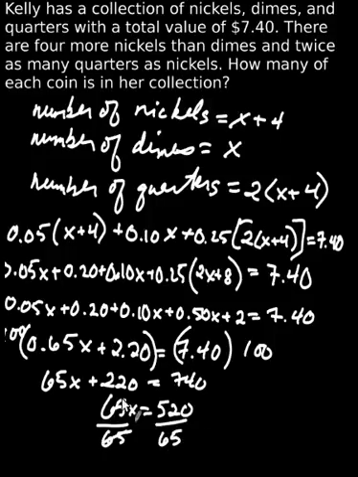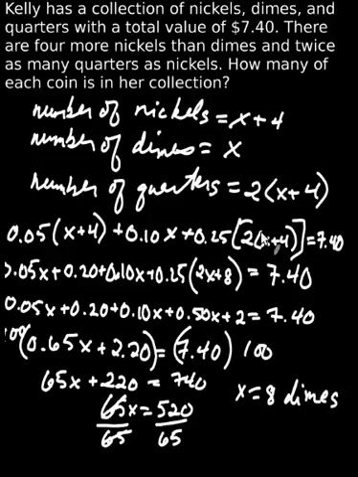Now I'm going to divide both sides by 65. And what do I get? Well, 65 goes into 520, it looks like 8 times. So x is going to be equal to 8. Now x represents the number of dimes. So you have 8 dimes.